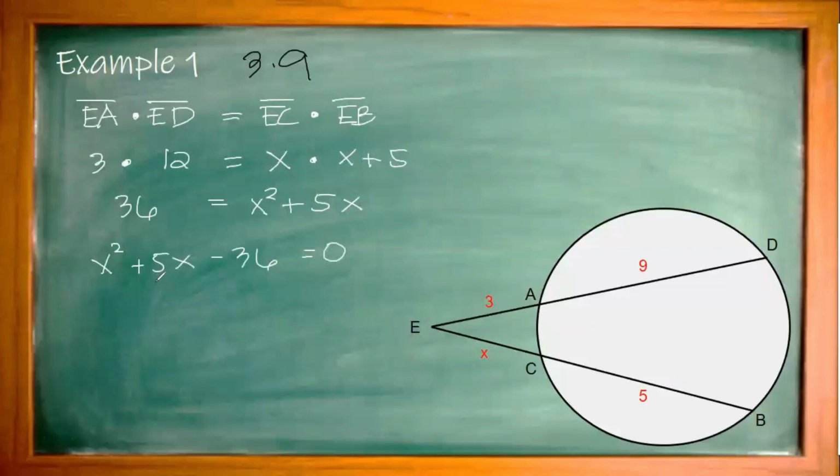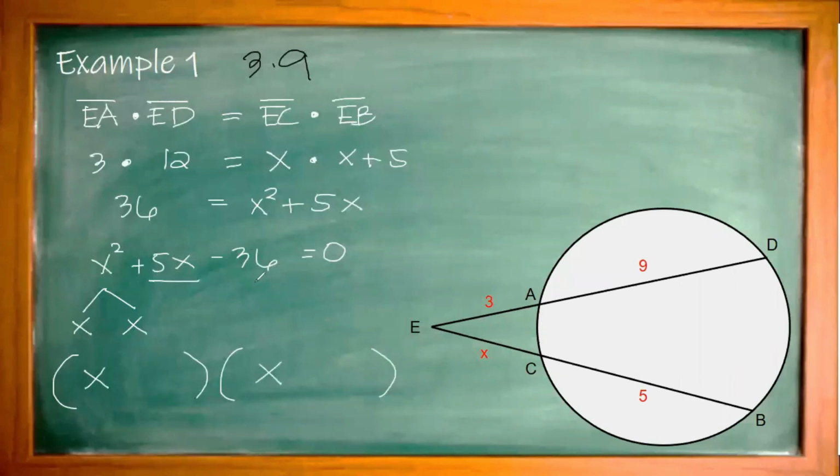Now, I will give you my way of getting the factors of this polynomial. First thing is to factor x times x. So you place x and x here.